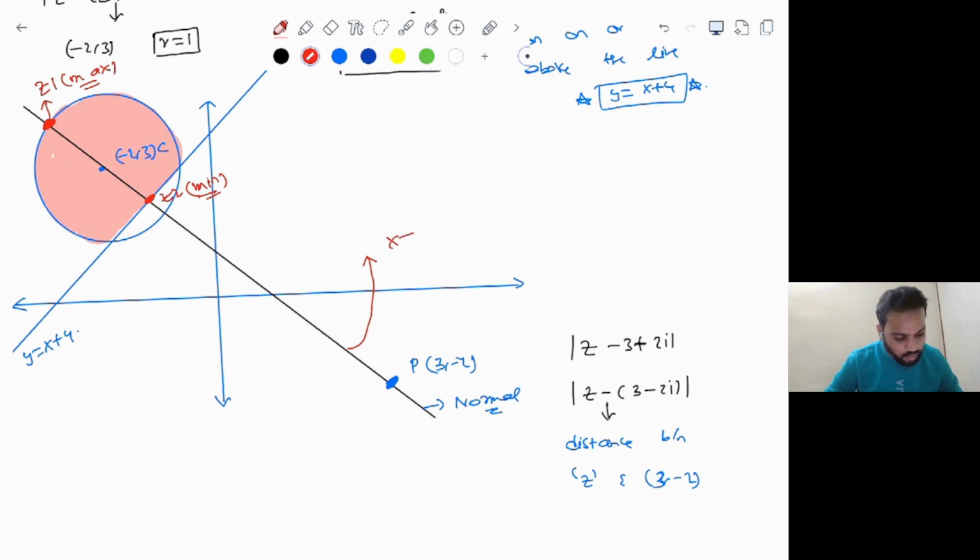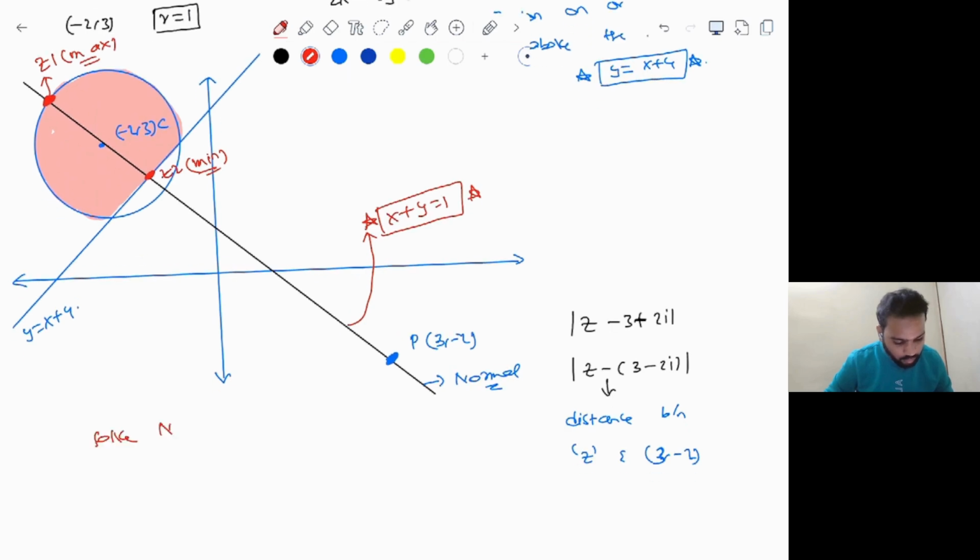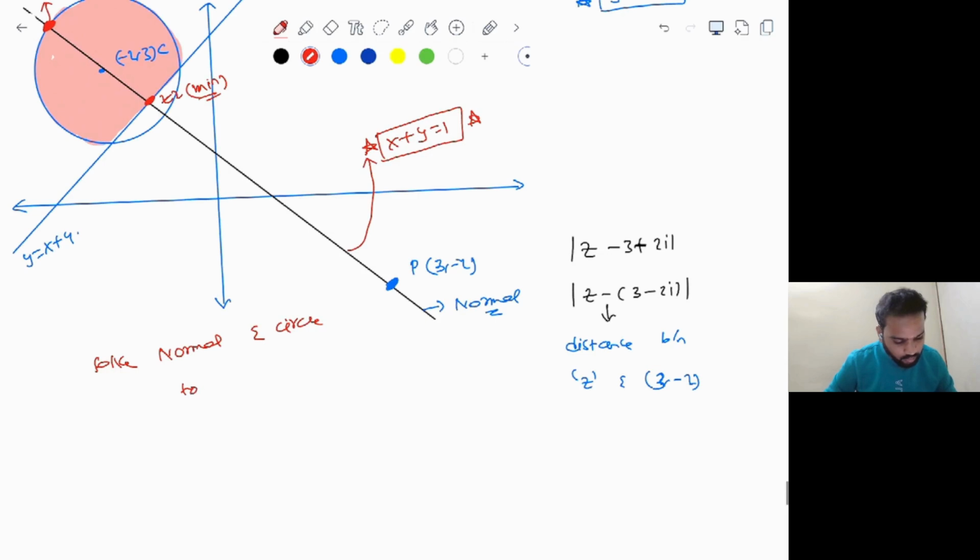When you solve it, you will get this normal equation as x plus y is equal to 1. So what you do is you try to solve this normal and circle to obtain Z1.